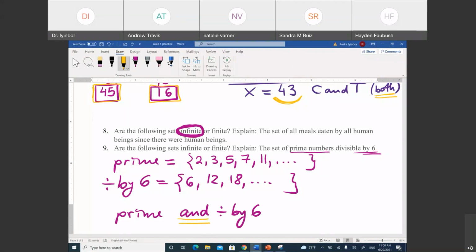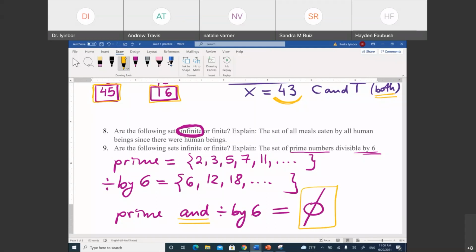Is there one? No, right? So a prime number divisible by 6 doesn't exist. That means the answer is the empty set. There is no prime number divisible by 6.